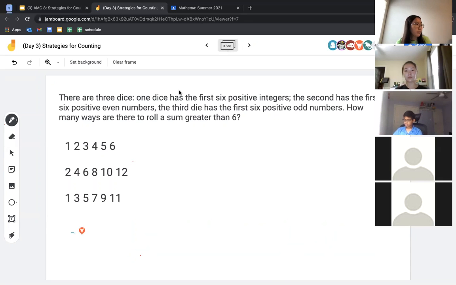So again, I think complementary counting would help here. Because if you don't use complementary counting for these kinds of questions, you're going to have to count how many ways to roll a sum that's equal to 7, and then find that all the way until 216, and then add the probabilities of all those different cases together.